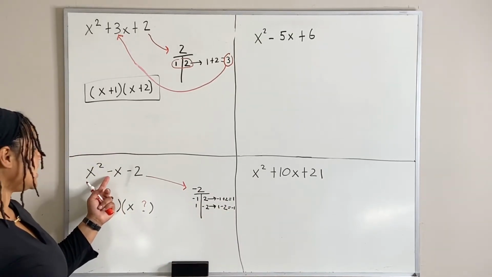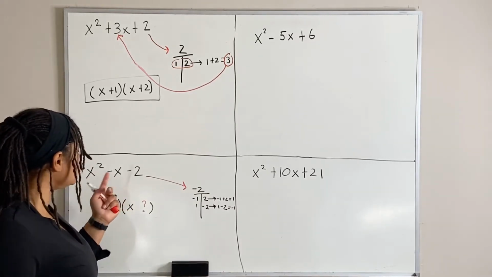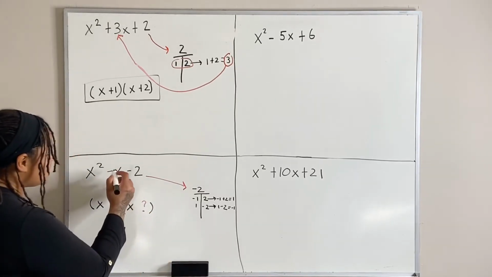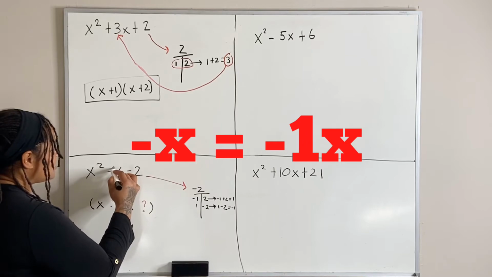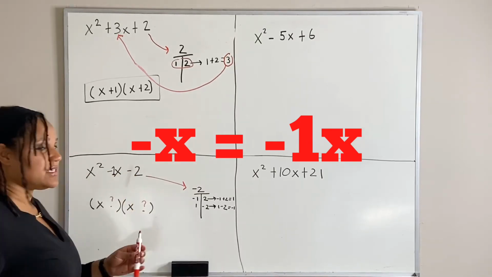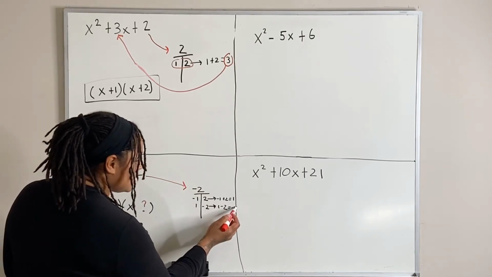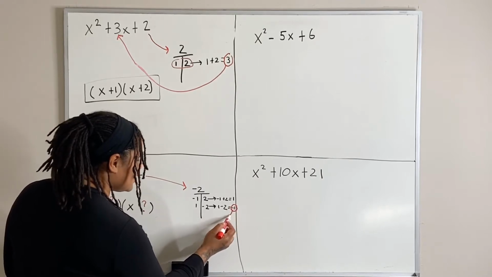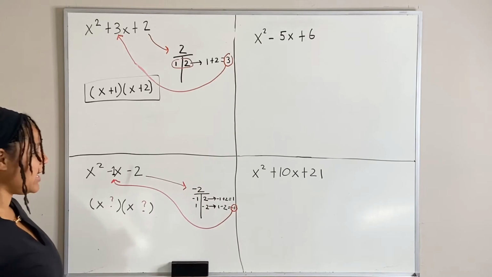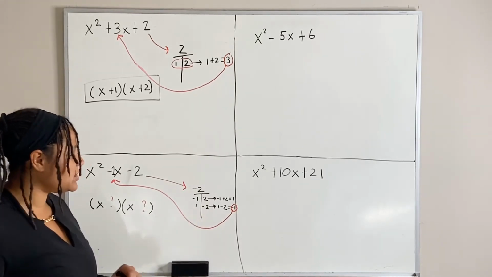By the way, when you see a negative x by itself, that is understood to be a negative 1. So it's like an imaginary 1 here. It's the same thing. So now we want to look and see, sure enough, that it is this number that gives us the negative 1. It is adding 1 and negative 2 together.